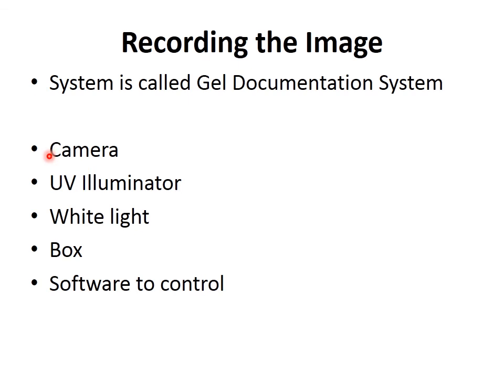So in this manner, the camera takes the picture of the gel and it is recorded in the software, and then it could be manipulated, and several manipulations could be done in an automated fashion. For example, the software can accurately estimate the size of DNA. The software can also monitor the fluorescence intensity and can provide us information about the concentration of DNA in the given specimen.